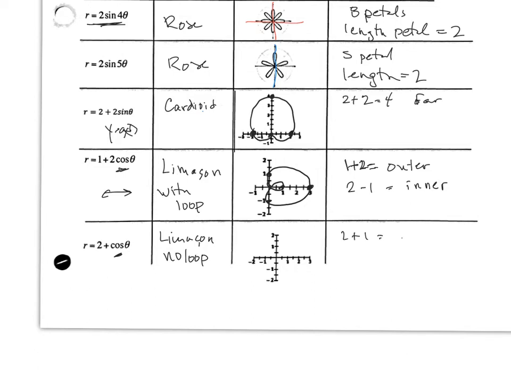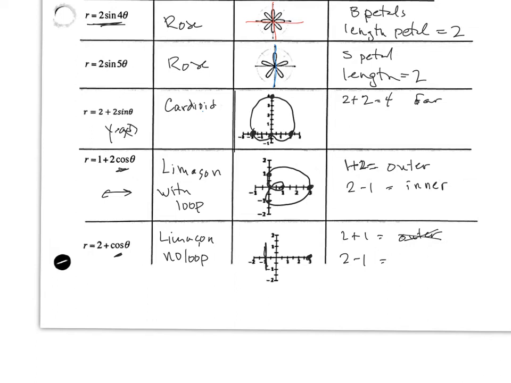In this case, I don't really want to call it the outer because we don't really have an inner loop, but it's the far edge of it. We know it also will not go through 0, 0 most likely. When you subtract, 2 minus 1, this gives us the other direction edge. So we know that this edge goes right through 1. Now this is kind of strange in that it looks like a straight line.